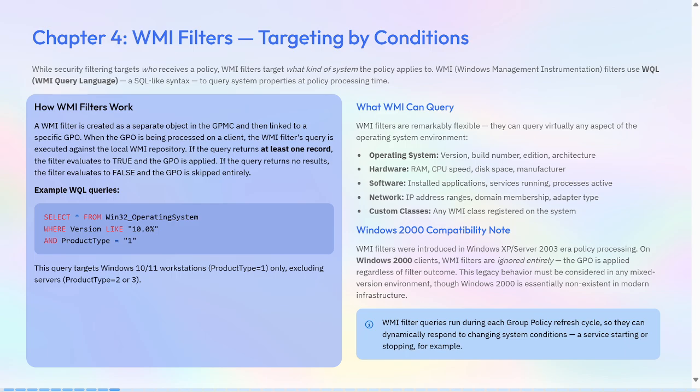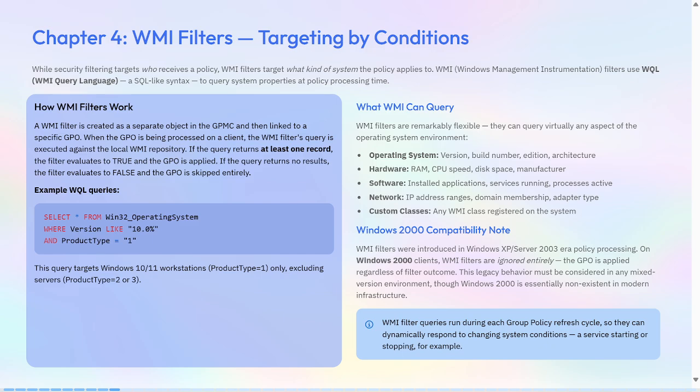When the group policy object is being processed on a client, the WMI filter's query is executed against the local WMI repository. If the query returns at least one record, the filter evaluates to true and the GPO is applied. If the query returns no results, the filter evaluates to false and the group policy object is skipped entirely.